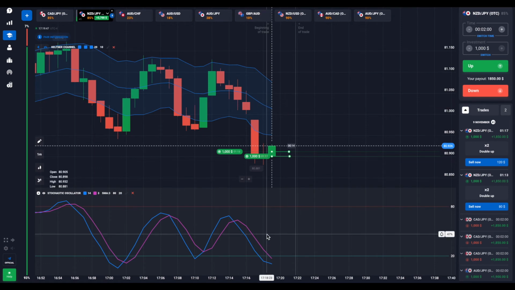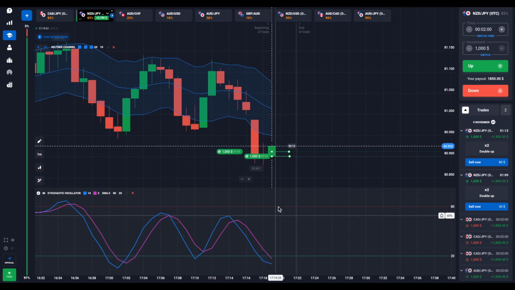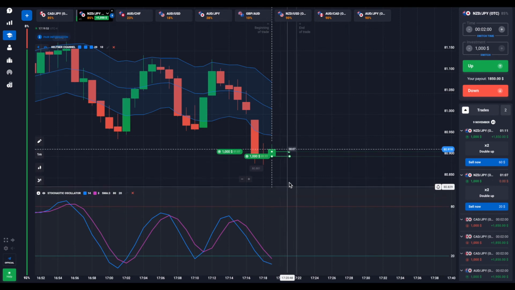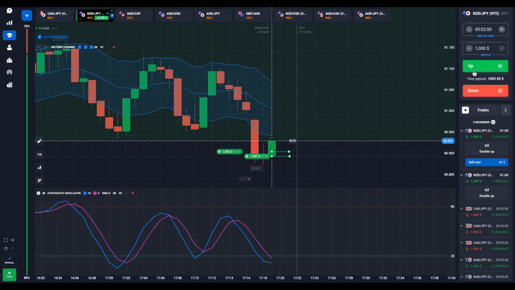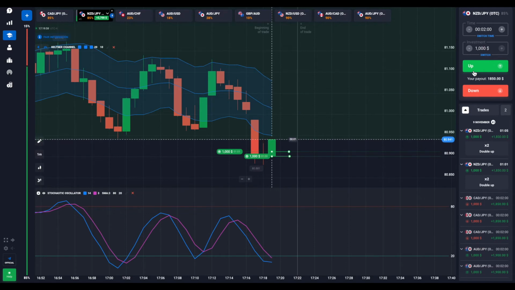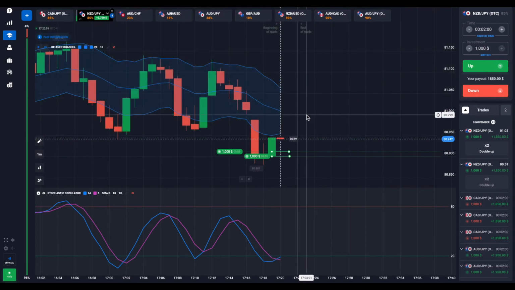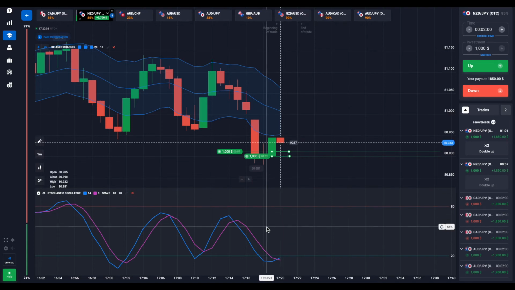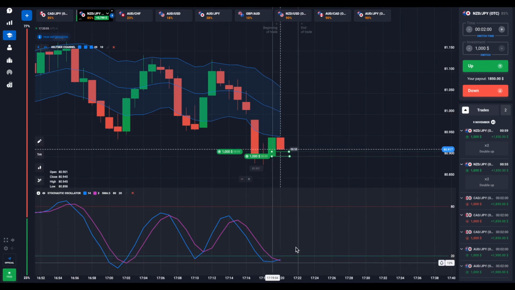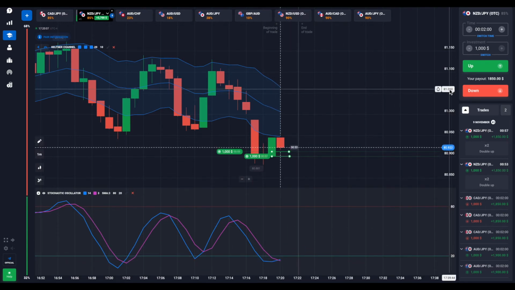But because I could see there's a healthy distance between the stochastic oscillator lines and they're getting ready to intersect, I'm just going to make a very educated guess that the price is getting ready to reverse. It's a pretty good consolidated market. So we'll see. And the lines just intersected. So we'll see.